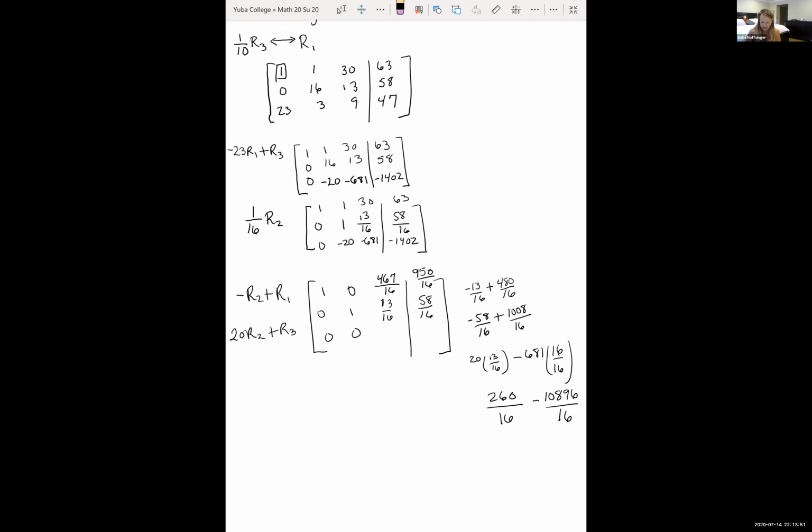That would give us a negative 10,636 over 16. And then we're looking at 20 times 58 over 16, all plus negative 1402 over 16, times 16 over 16 to get a common denominator.